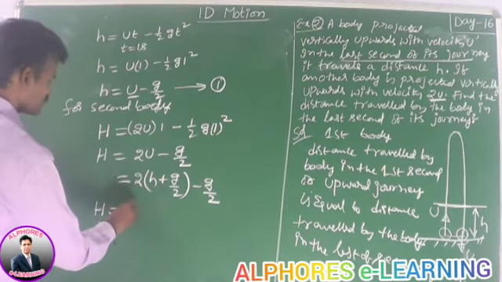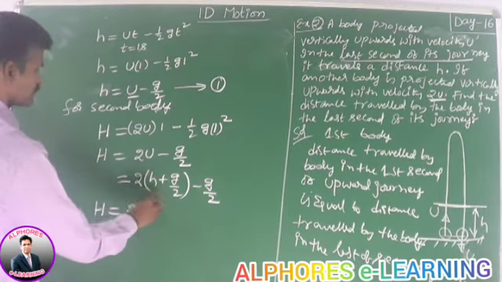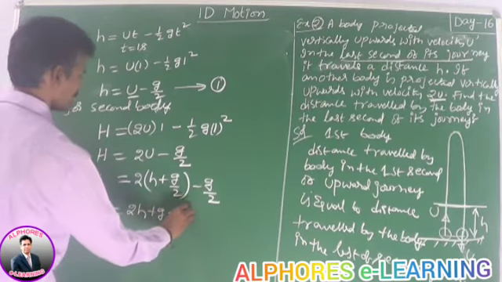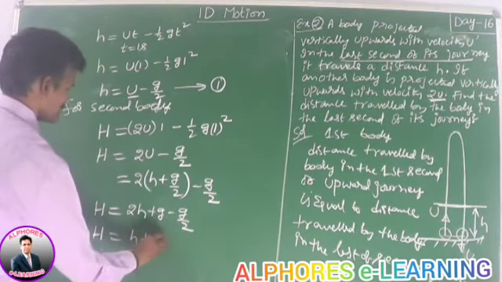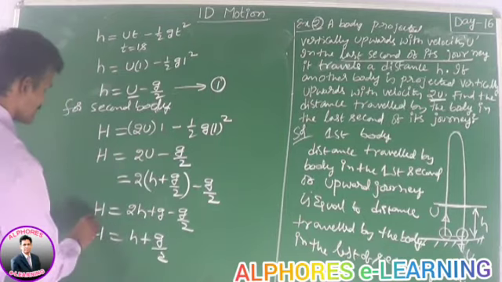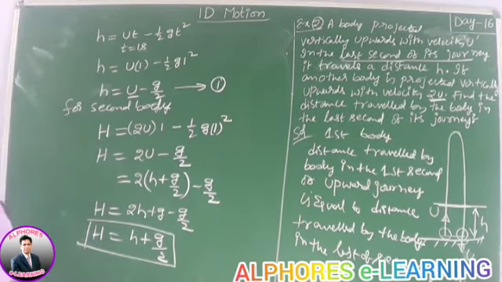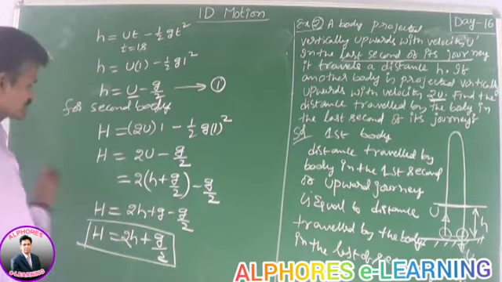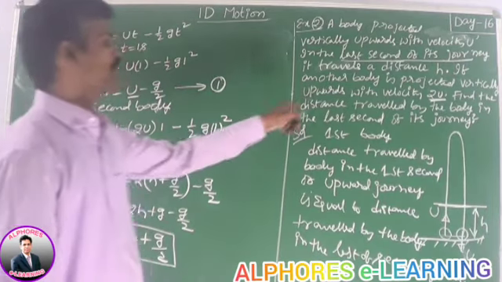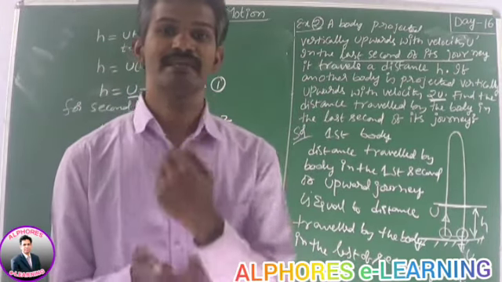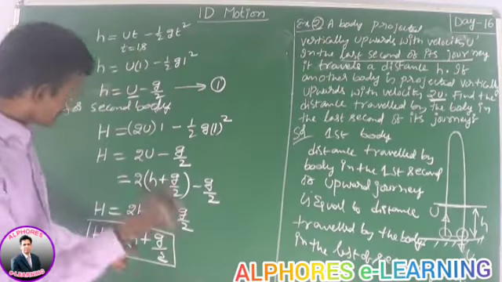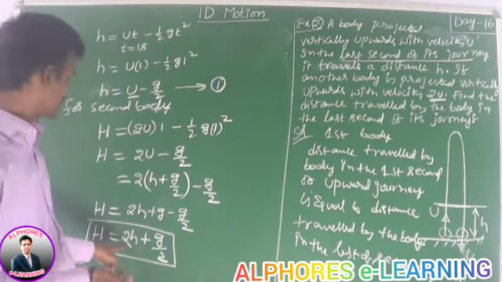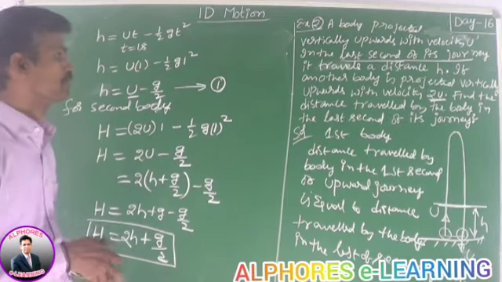I can write it as 2h plus g minus g by 2. So this H is 2h plus g by 2. This is the answer, the distance travelled by the body. So if a body is projected upward with double the velocity, the distance travelled is more than double, that is 2h plus g by 2.